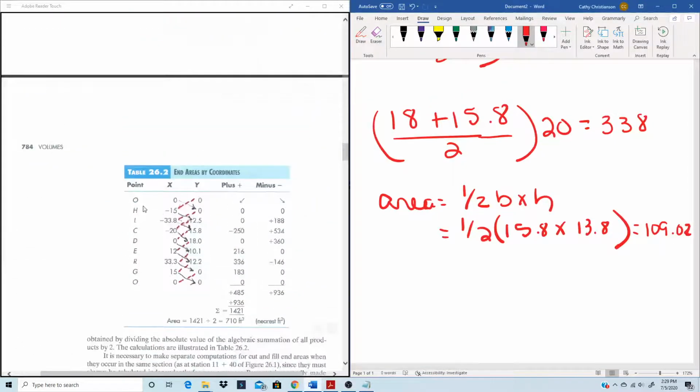So what they did is they took this same simple figure, and I'm going to go up there and show you in just a second.